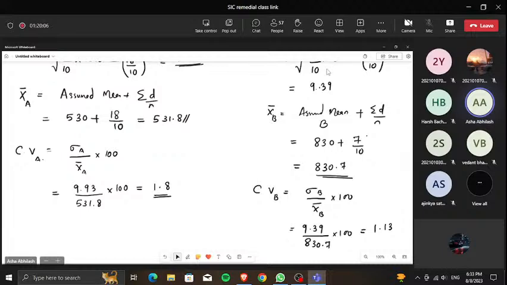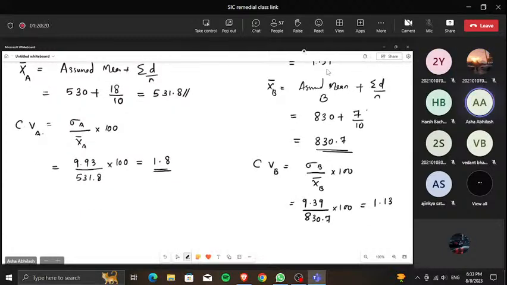So the coefficient of variation of group B is less than that of group A. Therefore, group B is more consistent.